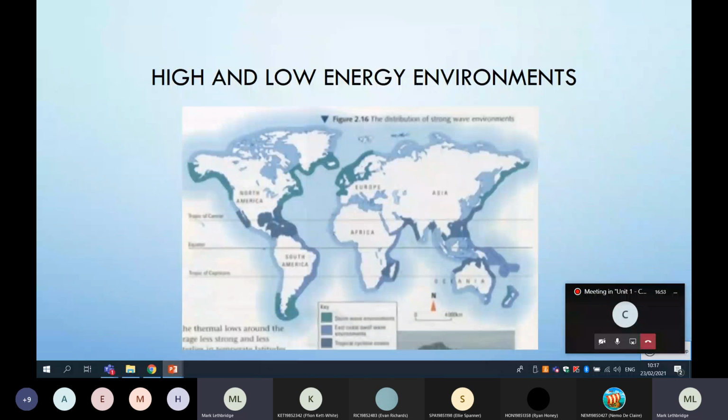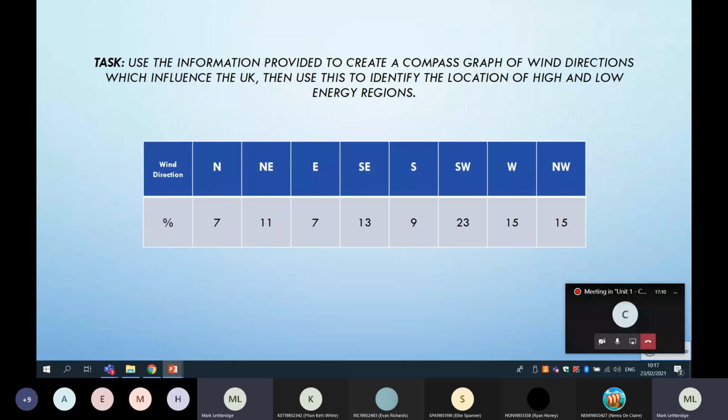But as we mentioned, that's obviously not going to be the case everywhere. Just because the UK is a high energy environment, that doesn't mean that the whole of the UK is a high energy environment. And if you take it down to a local scale, we actually have a variation in our coastal environments.